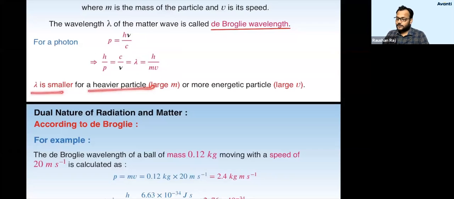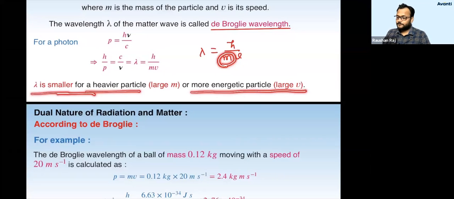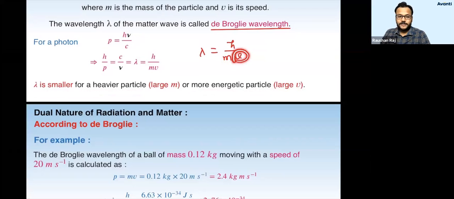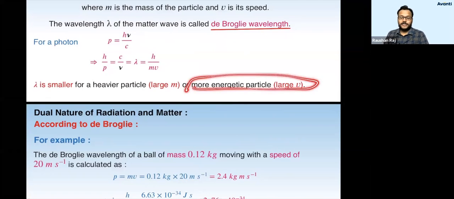If you just think about this, lambda is h by mv. So I can say lambda is smaller for heavier particle. If you increase the mass, lambda will be smaller. Or for an energetic particle, large v. If you increase the value of v, what will happen? This lambda will decrease. So lambda will be smaller for heavier particle or for more energetic particle having large v.